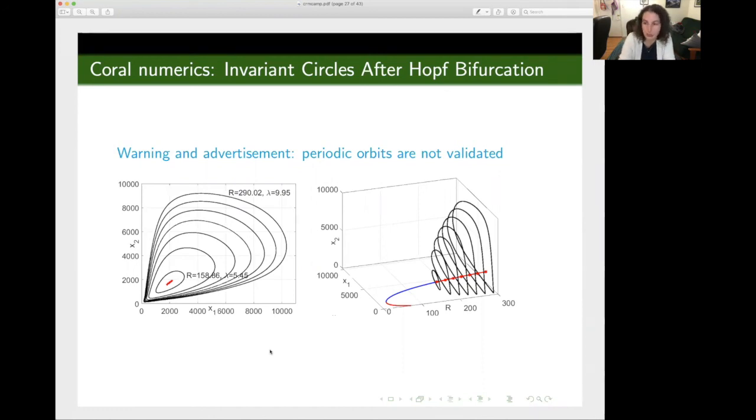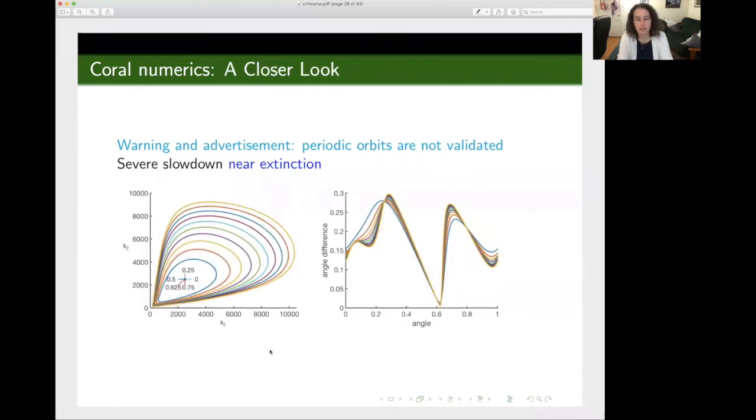Elena Carrillo talked before about validation of periodic orbits of ordinary differential equations. This is a little bit different because these are quasi-periodic orbits that are not made up of a single solution. In some cases, these will be periodic orbits that consist of distinct points, but they have very high periods, so you can't really see that.